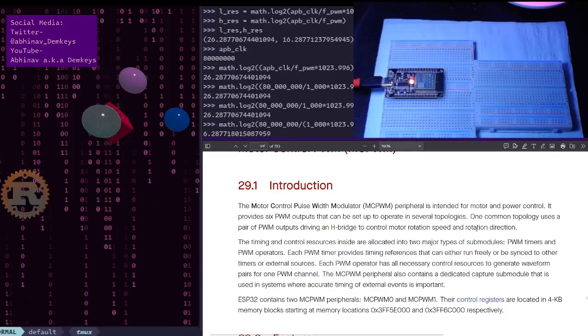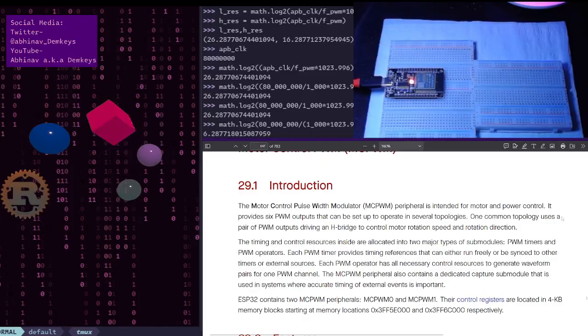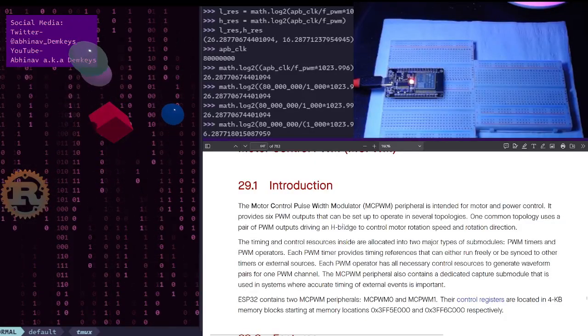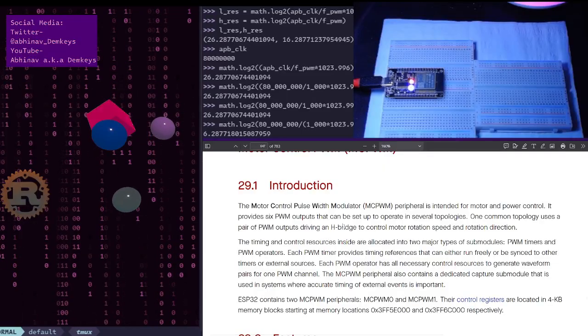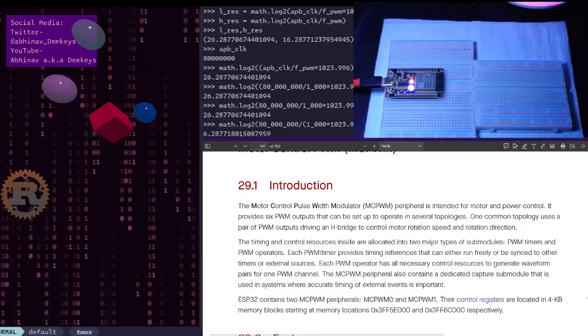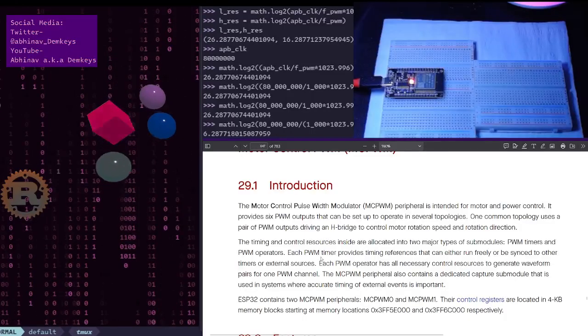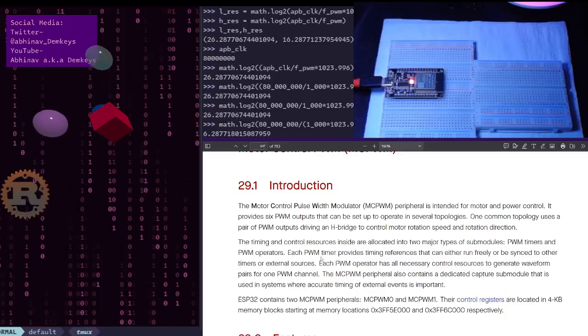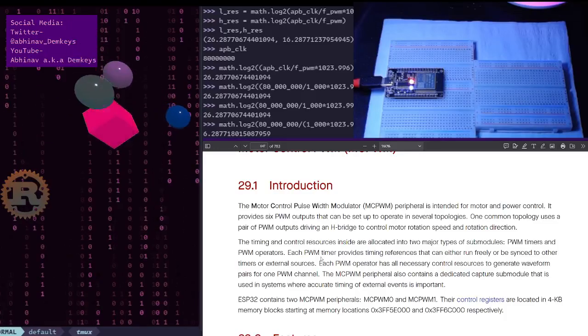One common topology uses a pair of PWM outputs driving an H bridge to control motor rotation speed and rotation direction. I do have H bridge motors. No, H bridge. I believe they're H bridge. I could be wrong, I'll have to check again.